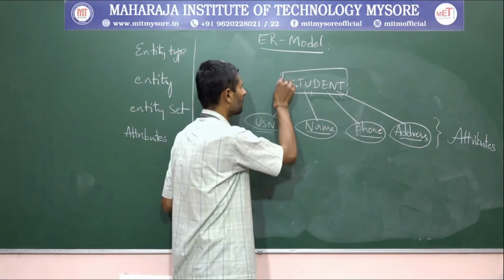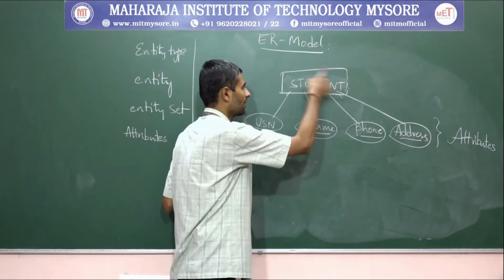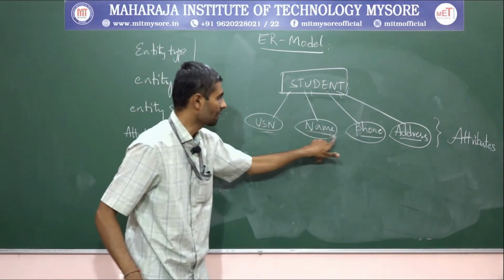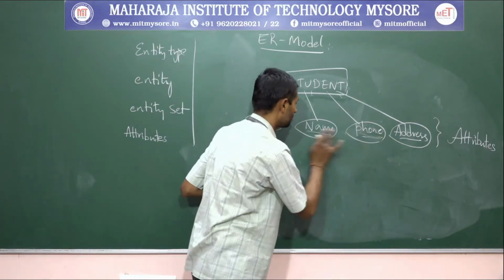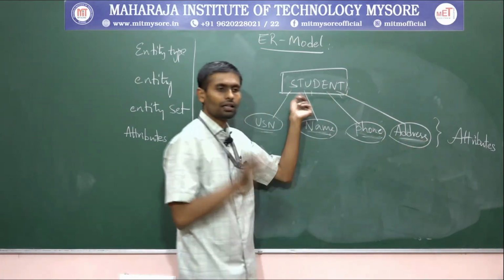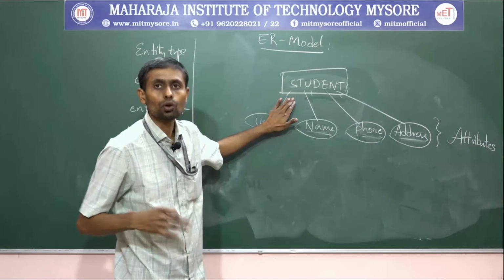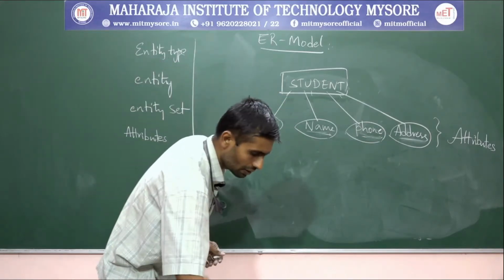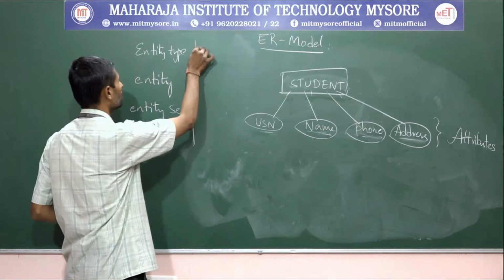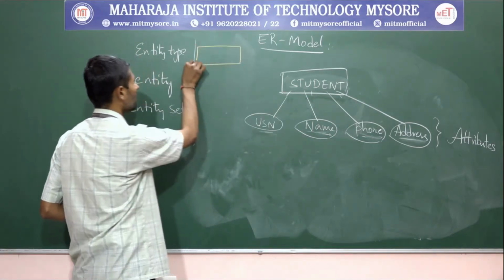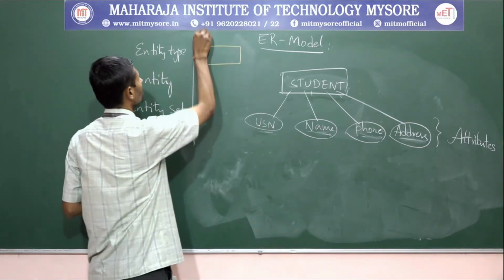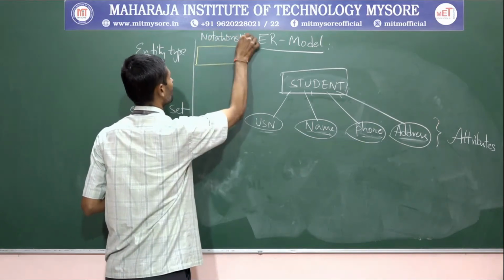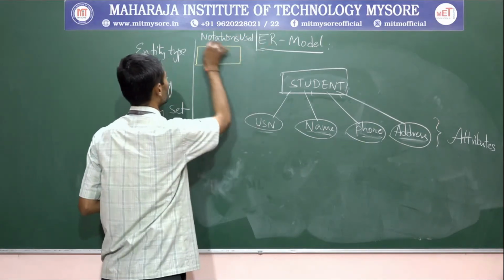But we have not represented the student in terms of an elliptic symbol or with this oval shaped symbol. Instead, we have represented it with a rectangular box. So this is the notation used for the entity type. I'll write the notations used in the ER model.